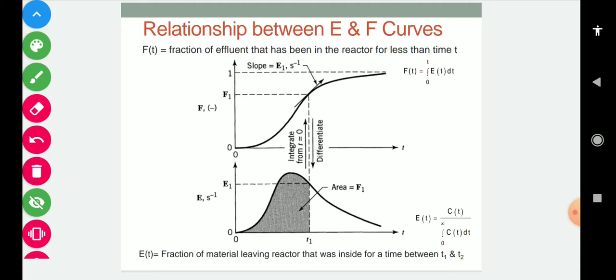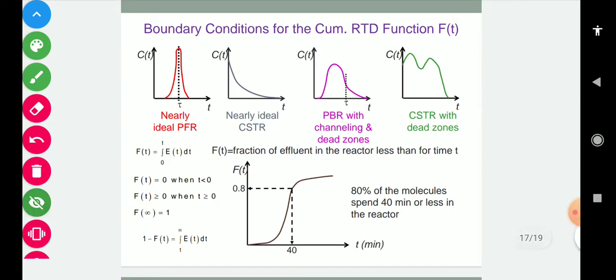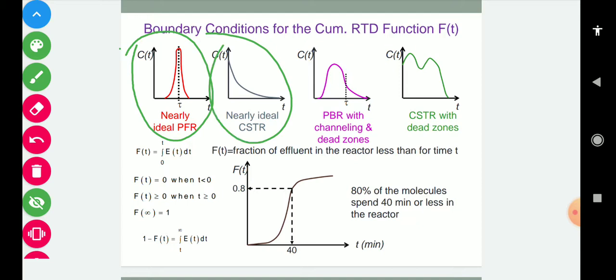So you just memorize these two formulas. That I told you, this F(t) can be calculated with the help of this formula, and these equations I also explained to you. These are curves for ideal PFR and ideal CSTR.